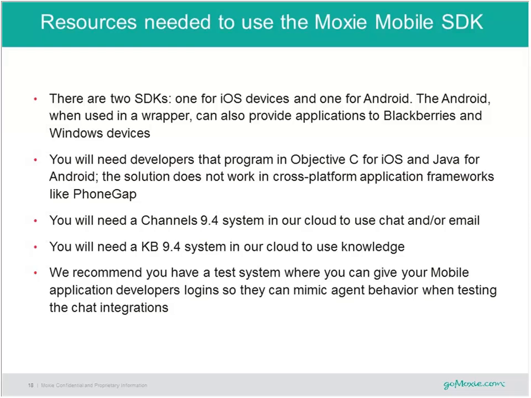One of the biggest recommendations that we also have is that you have a test system where you can give your application developers logins so that they can mimic agent behavior when they're testing the chat integrations. One of the other problems that we've seen is that because it requires specialist skills to use these SDKs, it's often given to a third party or a team within the business that doesn't have a clue what Moxie is.